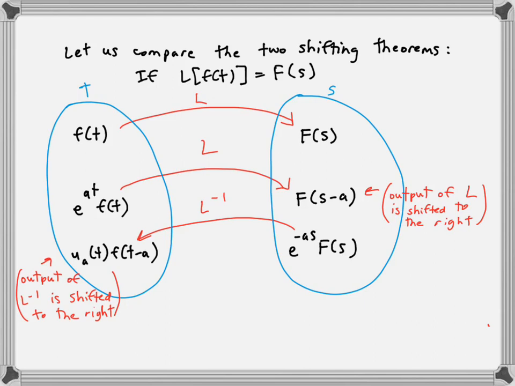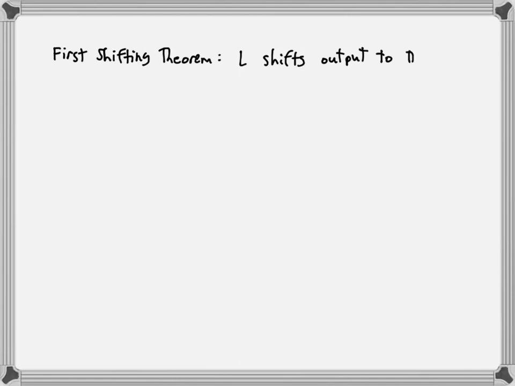So, let me just write one more thing here. So first shifting theorem: L shifts output to the right. So this means that s becomes s minus a, right?